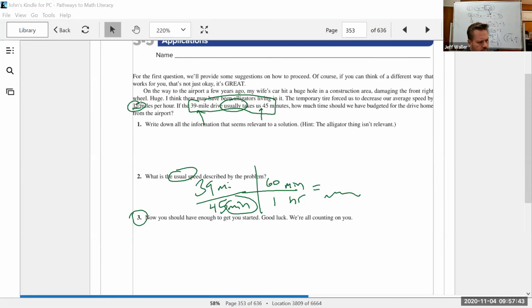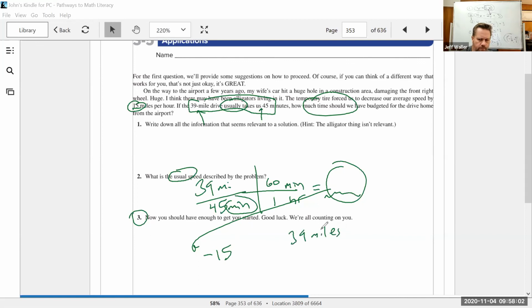Then you can figure out how much time it's going to take. It'll be 15 miles an hour less than that, and you want to go 39 miles, and they want to know how long it's going to take.